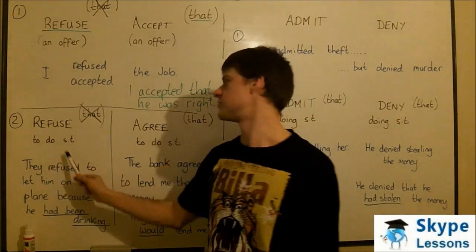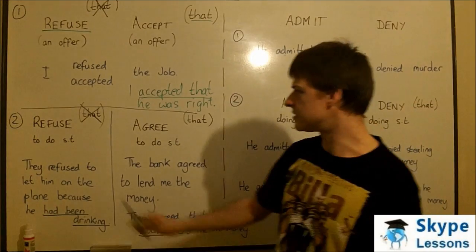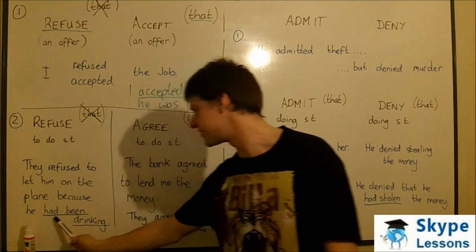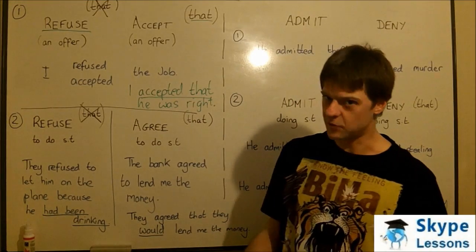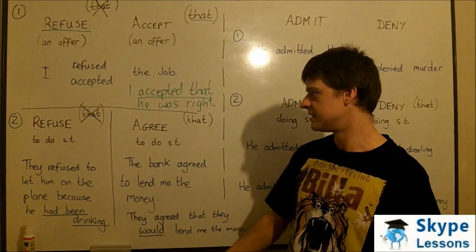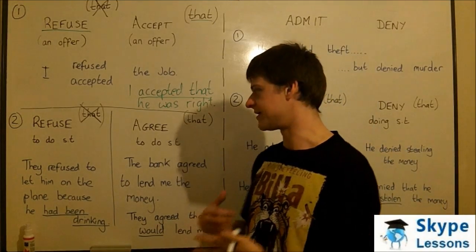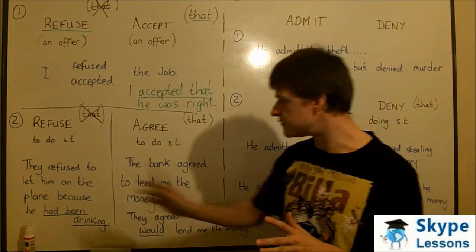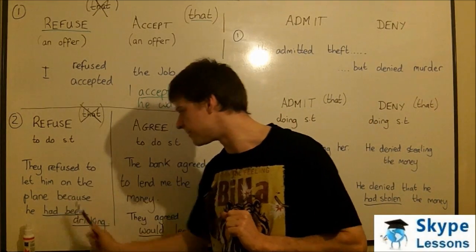And they both have to plus infinitive. So let's look at some examples. They refused to let him on the plane because he had been drinking. This is quite common, I think, in an airport. If somebody arrives and they want to get on the plane and they are drunk, well, usually the staff will refuse to let that man on the plane.